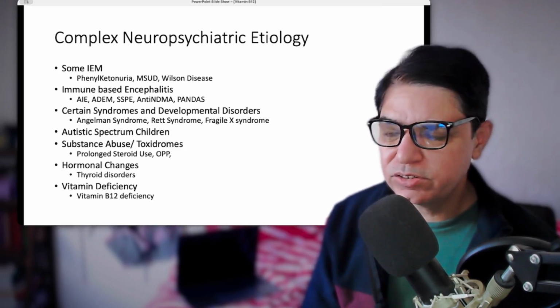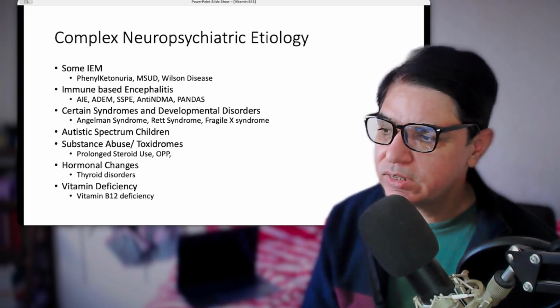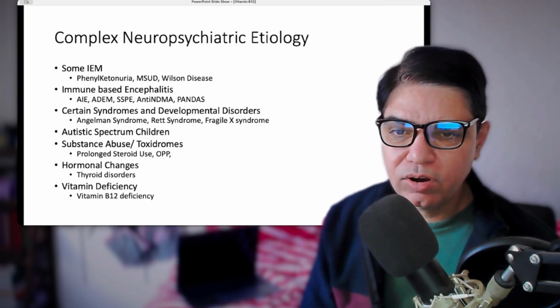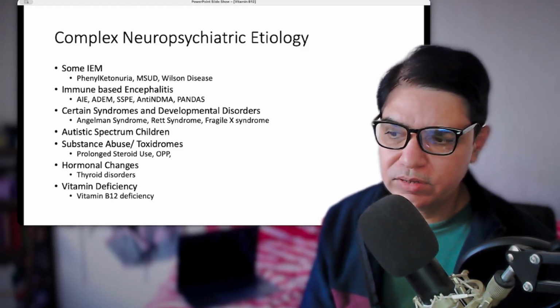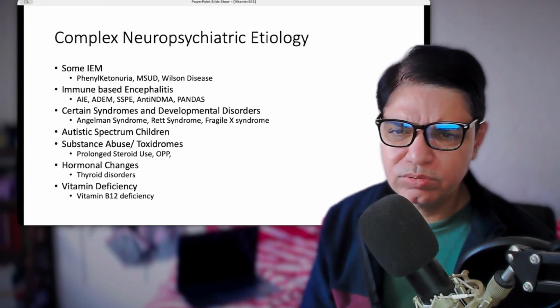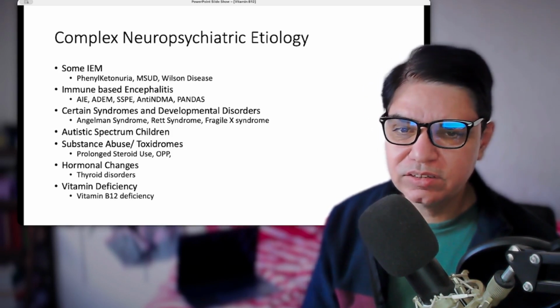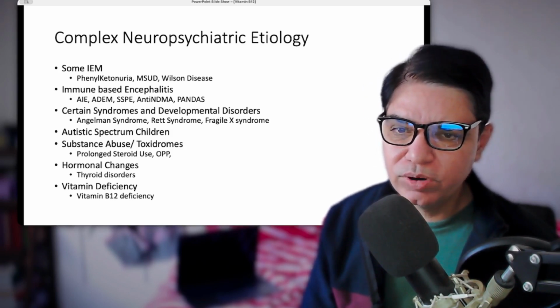Rett syndrome only occurs in girls because it's an X-linked dominant condition. After 6 months of age, all of a sudden a child who is developing well will start regressing on their developmental milestones. So this is something which is picked up in early life, so it can be picked up easily. Fragile X syndrome basically happens in boys.